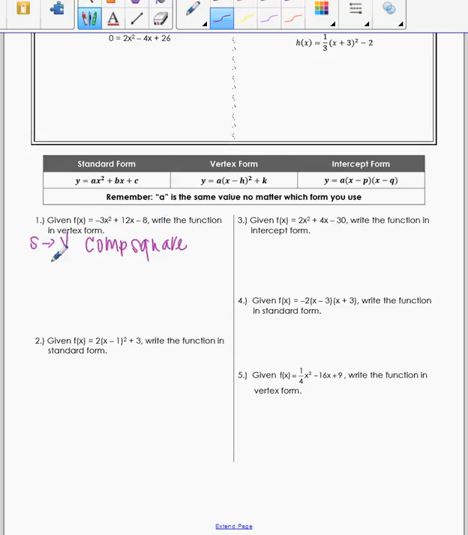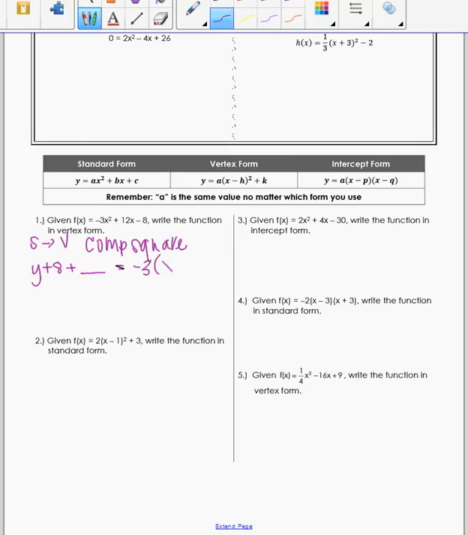Remember, we talked about this yesterday, but you're going to have your y, and I'm going to move my c value over, so y plus 8, and then you're going to have plus a blank to complete the square. And then to complete the square, you want to factor out your value of a, so negative 3. Leave your x squared in there.